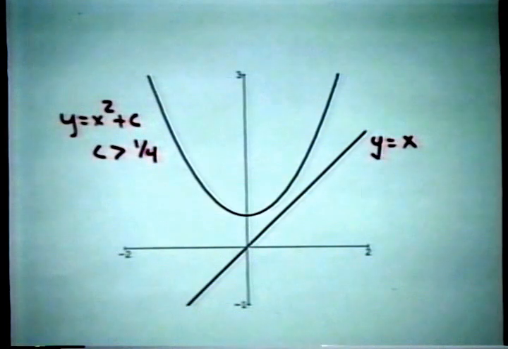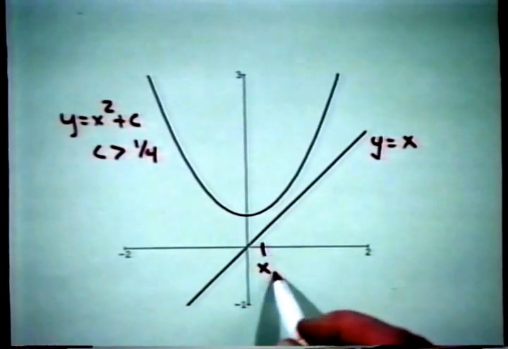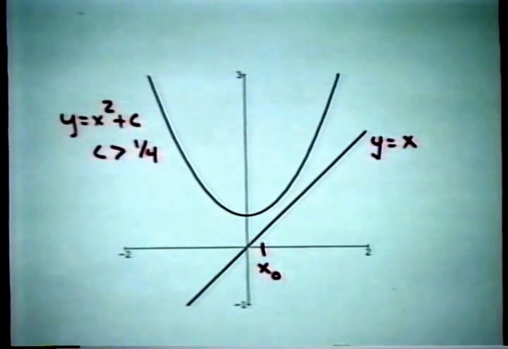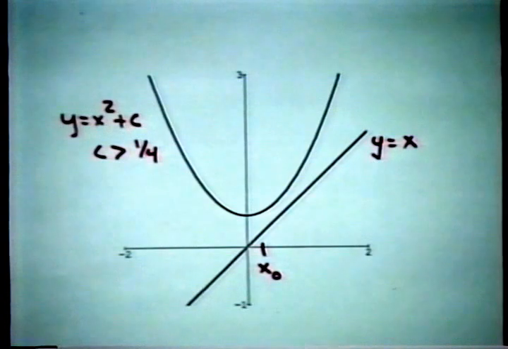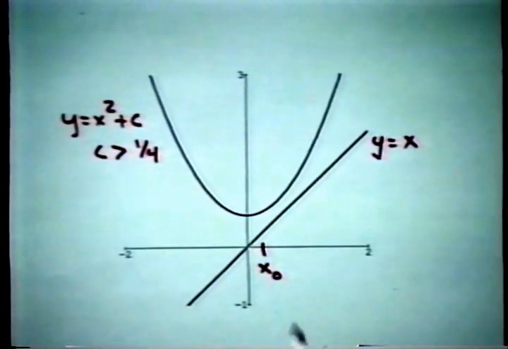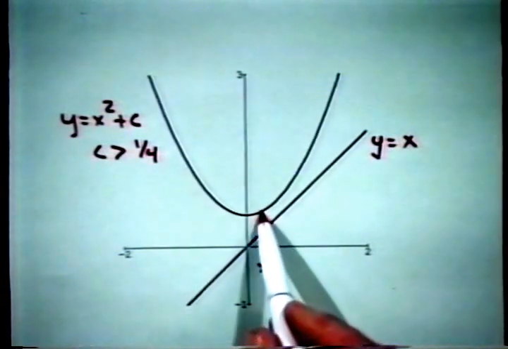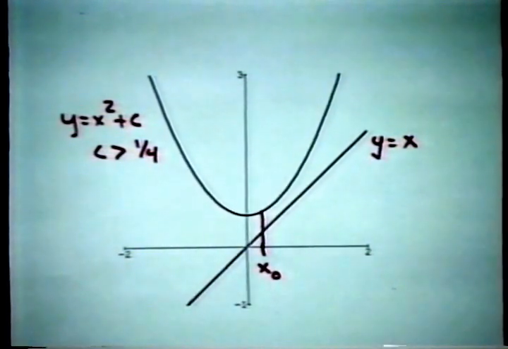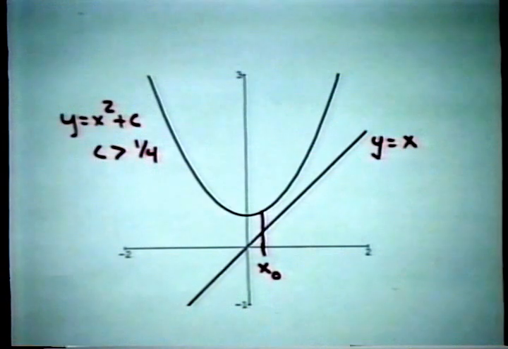Here's the way. Let's start with a typical point, say x naught, and try to see geometrically what the orbit of x naught looks like. How do I do that? Well, I've first got to compute the image of x naught under the function. To do that, I look vertically up to the graph of the function. The y-coordinate of the point on the graph is the image of x naught, which is x naught squared plus c.